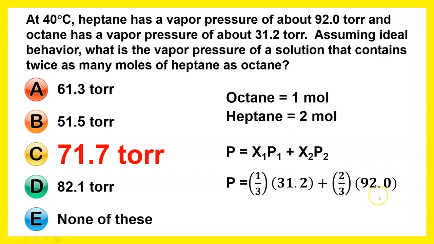And I have the pressure of the pure heptane. So I can find out that this solution would have that pressure. And you can see it's between our two pressures, isn't it? It's somewhere between 92 and 31. But since I have more heptane, it's closer to the heptane value, isn't it?